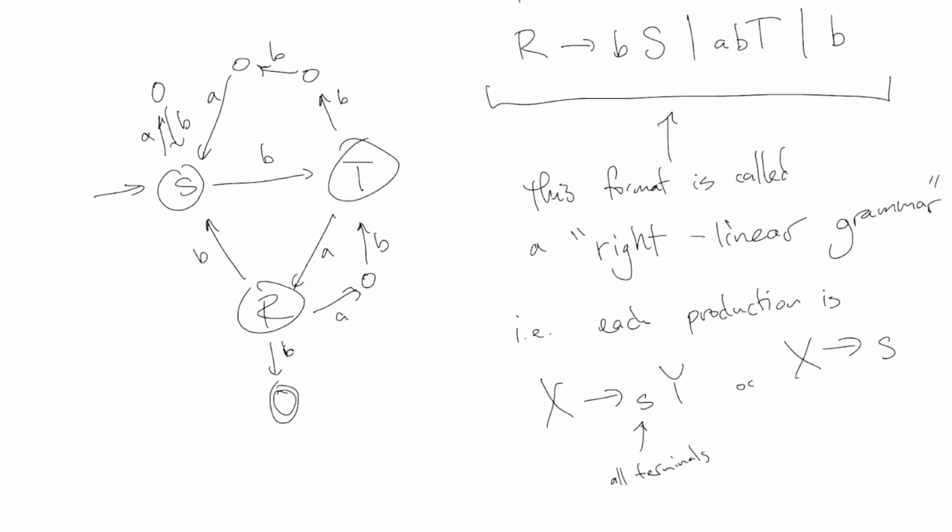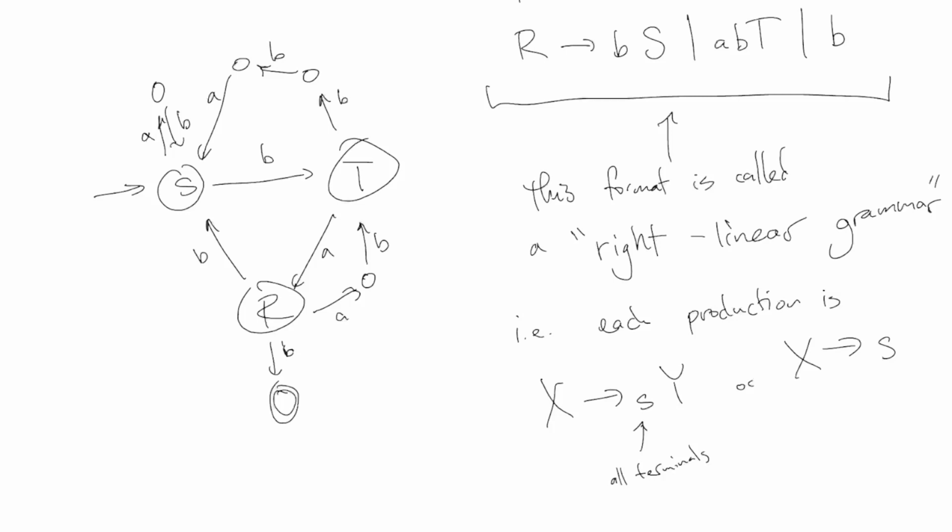The word right because all of the non-terminals are on the right side of the terminals, all right? If it's the other way around, if the non-terminal appears first and then the terminals, that's called a left linear grammar. But the same tricks don't work for left linear as right linear.